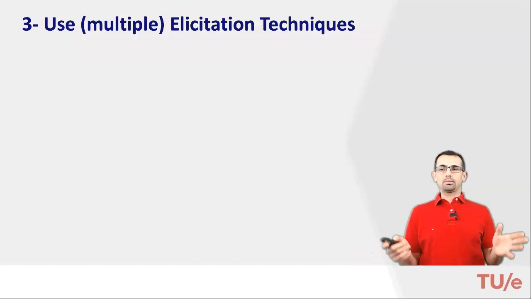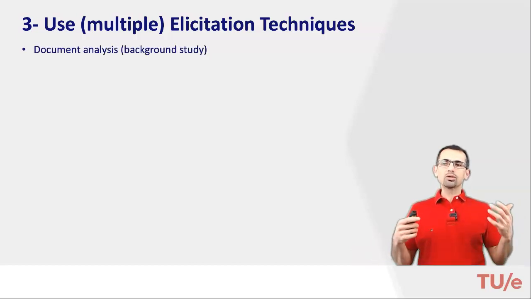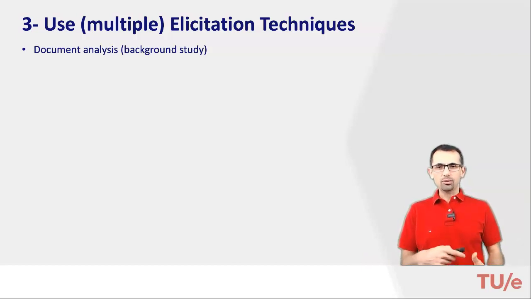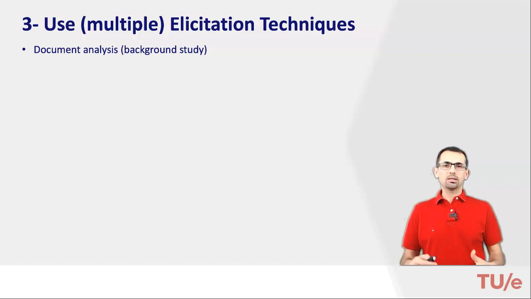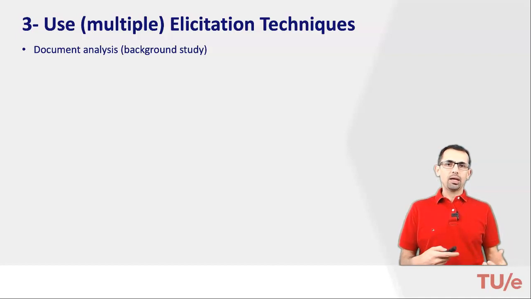Third practice: use multiple elicitation techniques. Again, you just don't go and start an ad hoc thing with your stakeholders. It's a very good practice to use multiple elicitation techniques to gather that information, and using structured techniques or methods to do that would really be very useful.